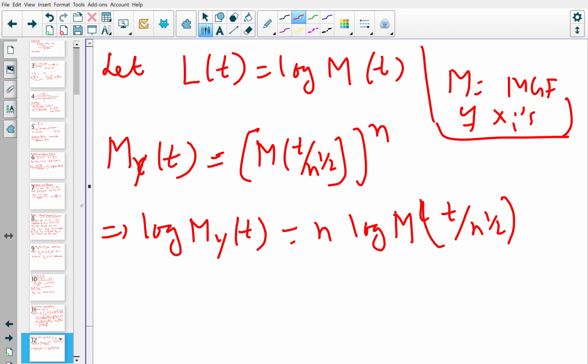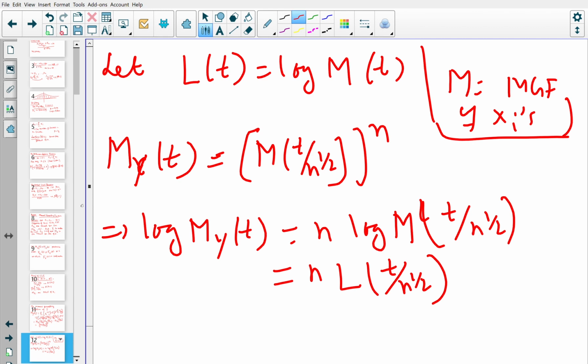So I can write this as n times L, and then instead of t I have t over n power half. So the logarithm of the moment generating function of y is nothing but this. Now let us try to find out how this limit looks.